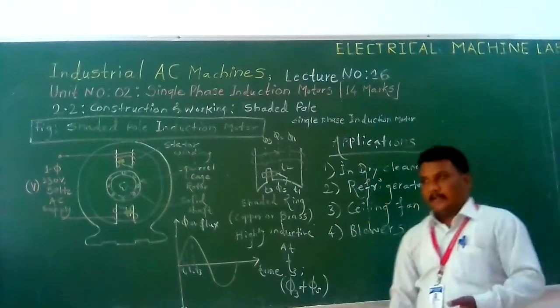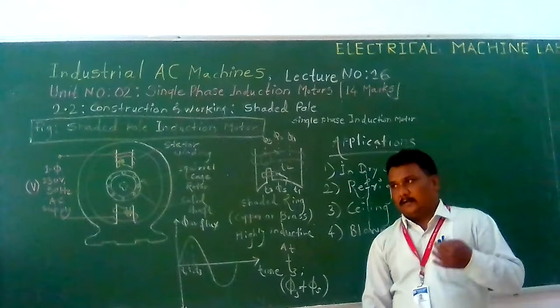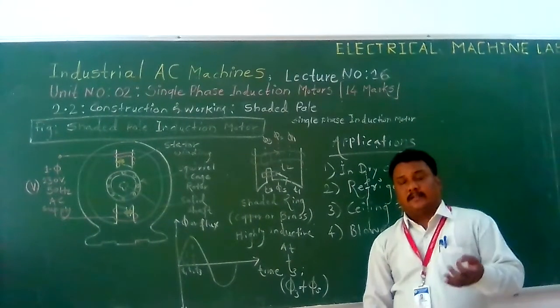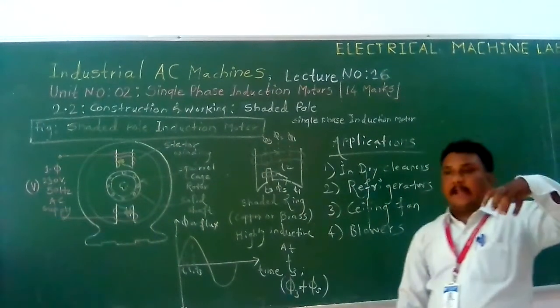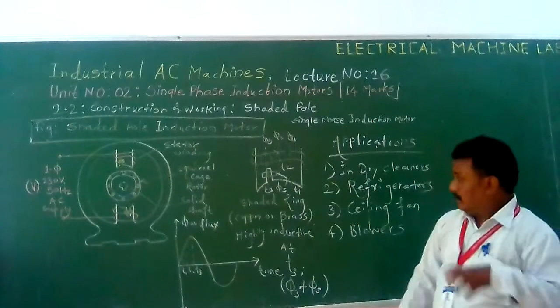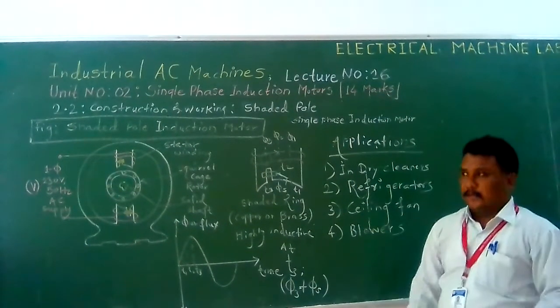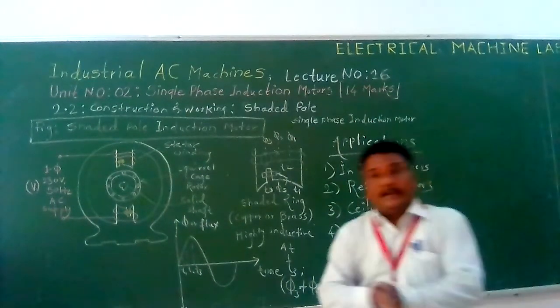Then in refrigerators and ceiling fans, formerly in theaters and shopping malls, where ceiling fans are mounted at a great height. These ceiling fans use this type of shaded pole induction motor. Blowers are also useful. So this is the single phase shaded pole induction motor.